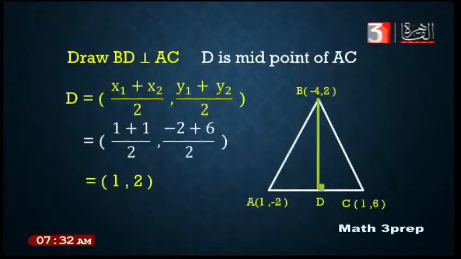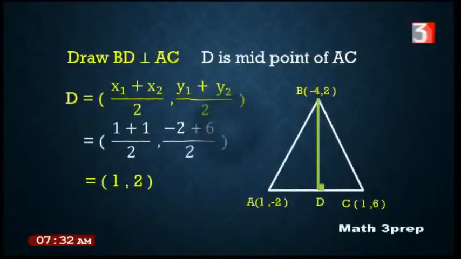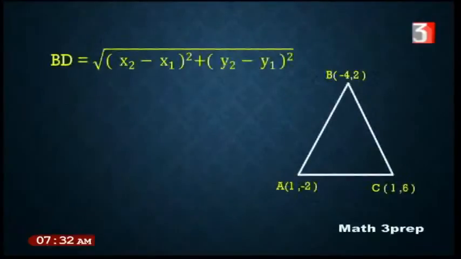Can you find the length of the height, which is BD? Yes, by finding the distance between the two points B and D. So BD equals square root of (x2 minus x1) all to the power of 2 plus (y2 minus y1) all to the power of 2.